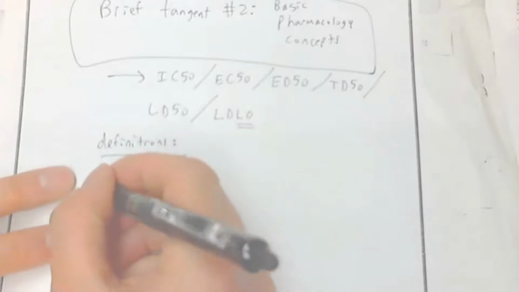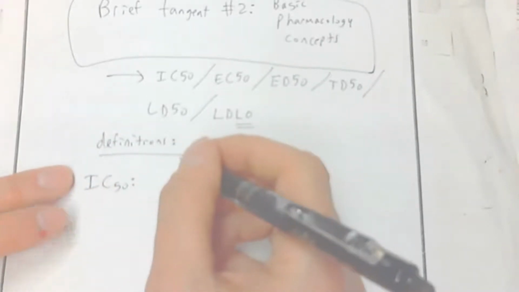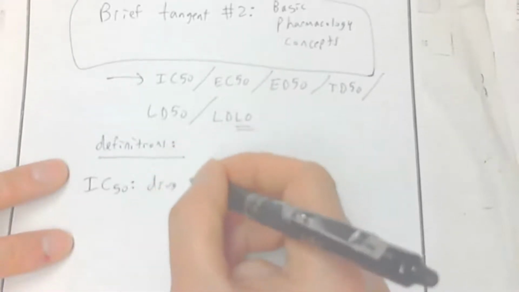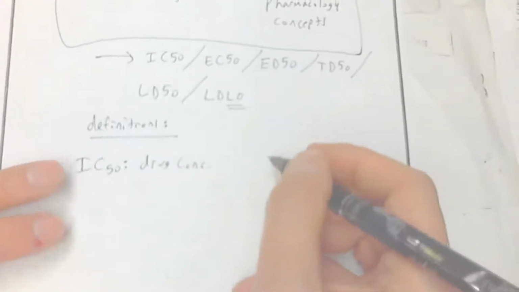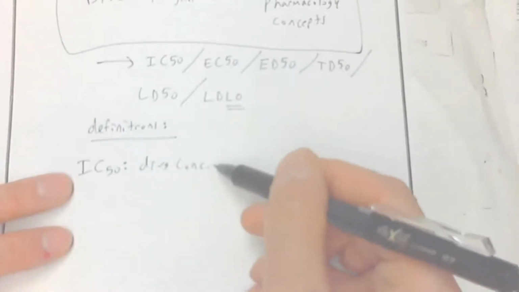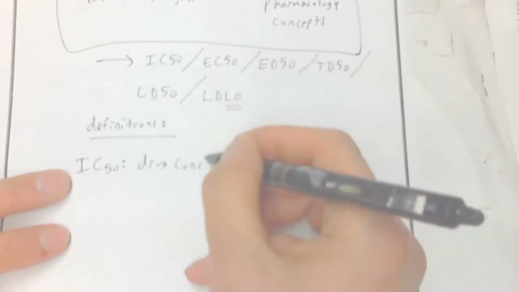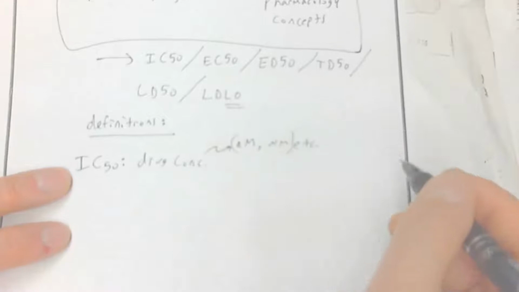So IC50, of course, is the drug concentration. And what is concentration? It's like nanomolar, micromolar, etc. So it's a concentration, right? Units.